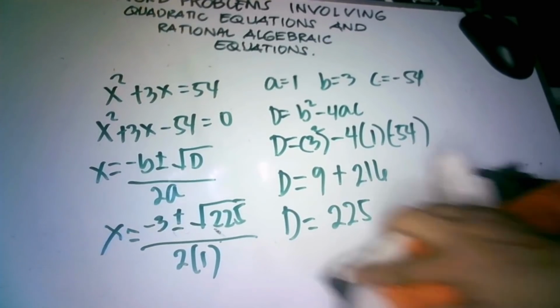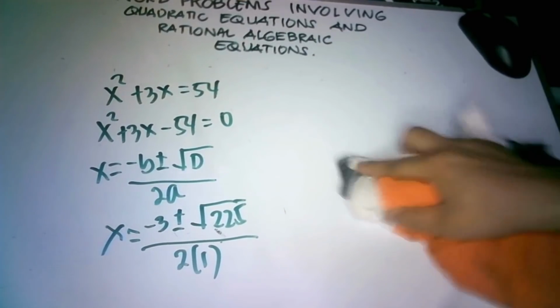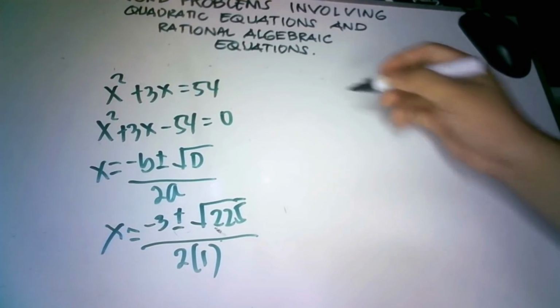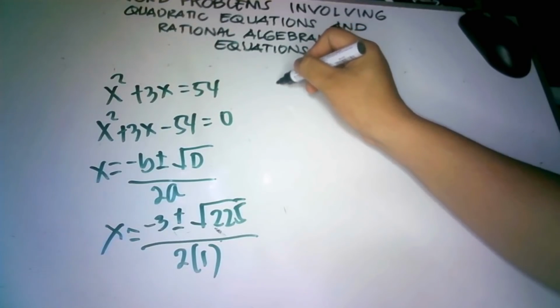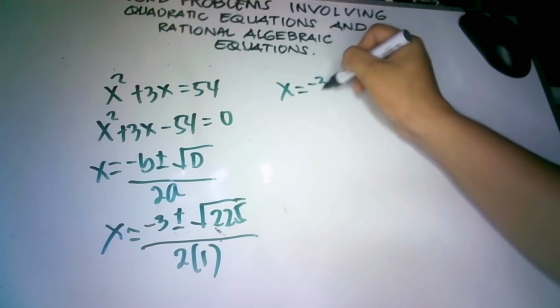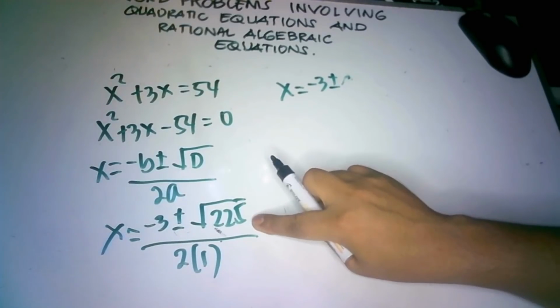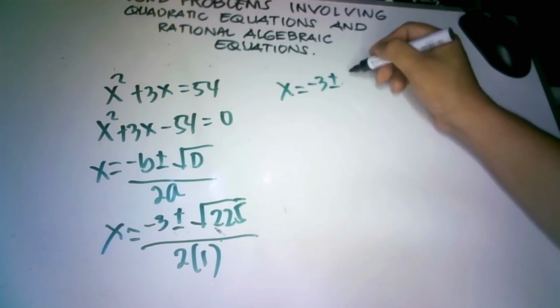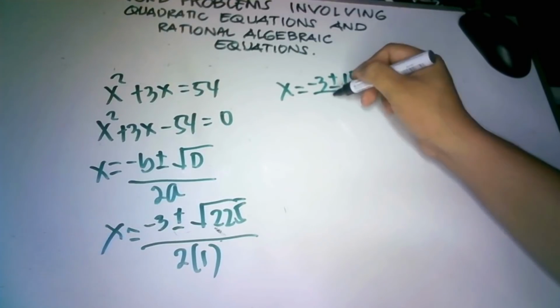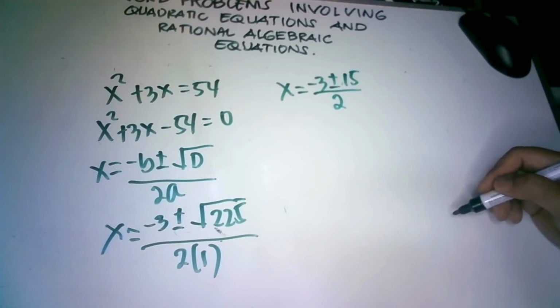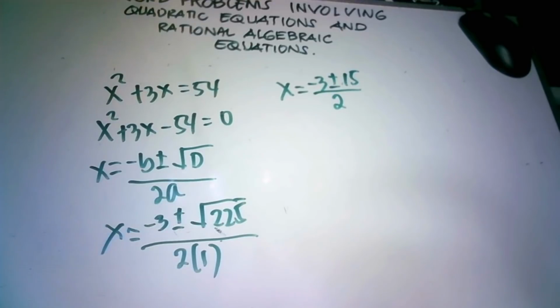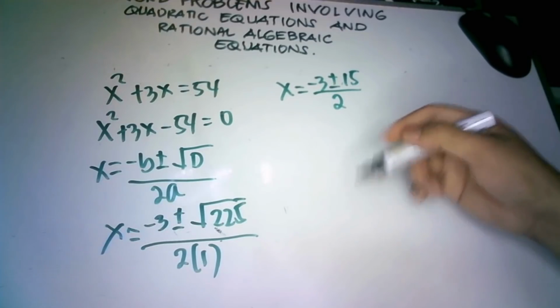So in that case, we are going to erase, since I have my eraser. We can have x equals negative 3 plus or minus the square root, okay, the square root of 225 is 15. So we have 15 over 2, 2 times 1.